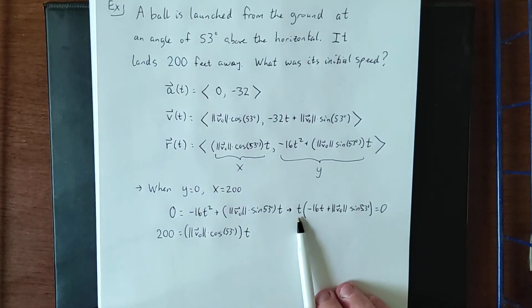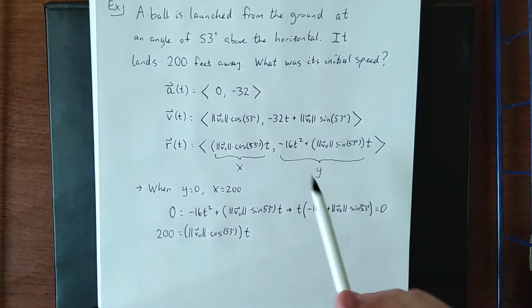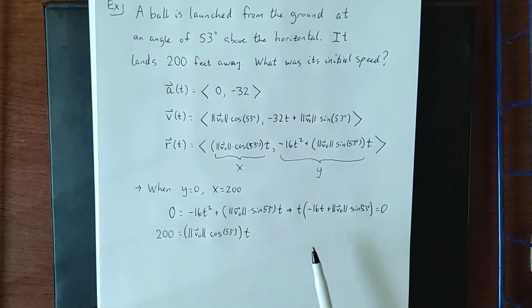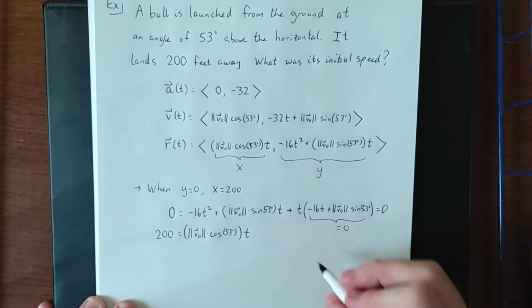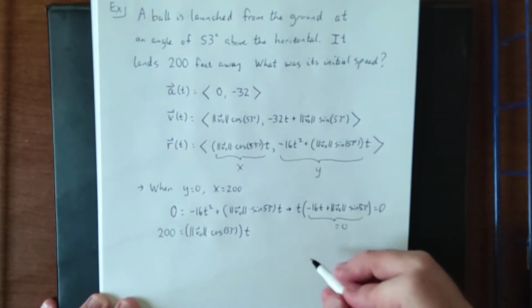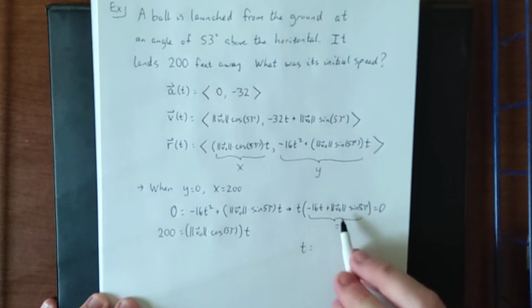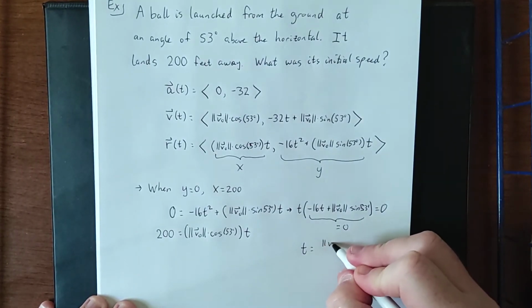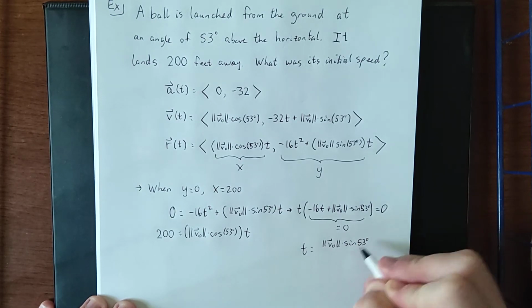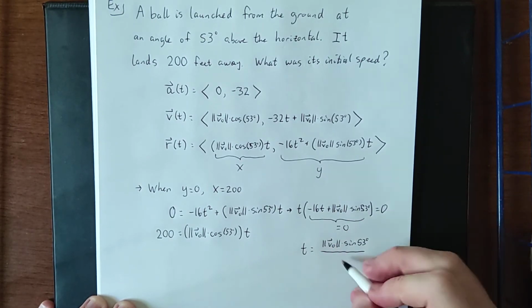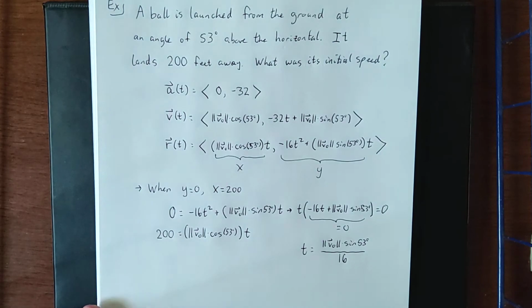Now we can interpret t equals 0 as when the ball is initially launched rather than when it's landing. So we need this second factor to be equal to 0. Solving that, we can subtract the initial speed times the sine of 53 degrees over to the other side and then divide by negative 16. So this is the time at which the projectile is going to land.